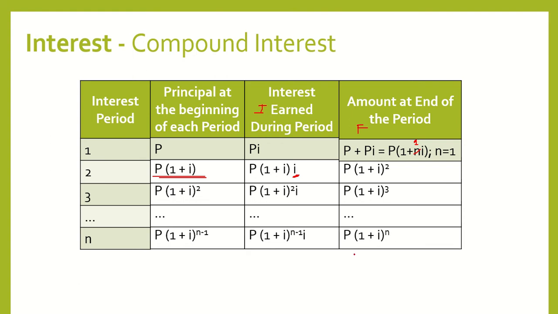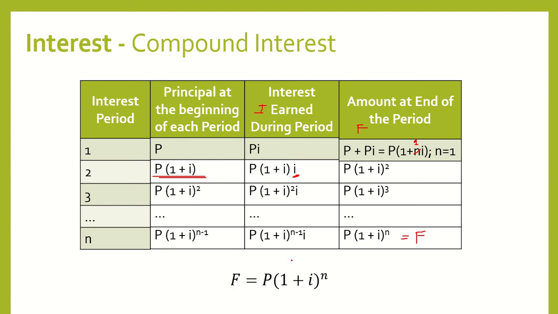So after a certain number of periods, our principal, our borrowed amount, will become an F, and that is calculated using P times the quantity of 1 plus I, quantity raised to power N. So this is how compounding works.